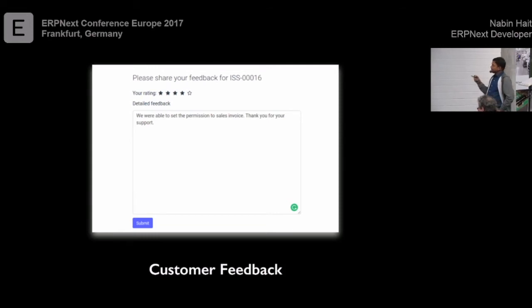They give their feedback by rating or detailed feedback. Based on that, it is updated to the issue record, and there is a report which shows the feedback rating and how the trends are going. So we can take a judgment and improve customer support.